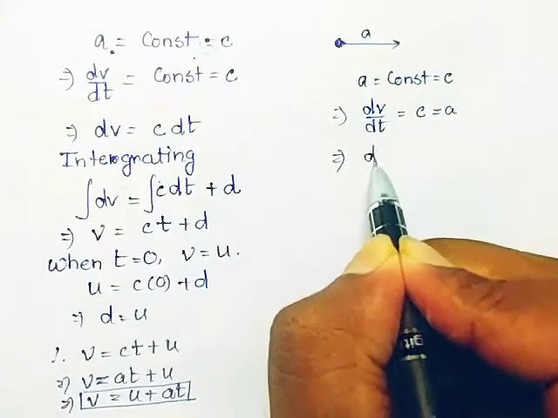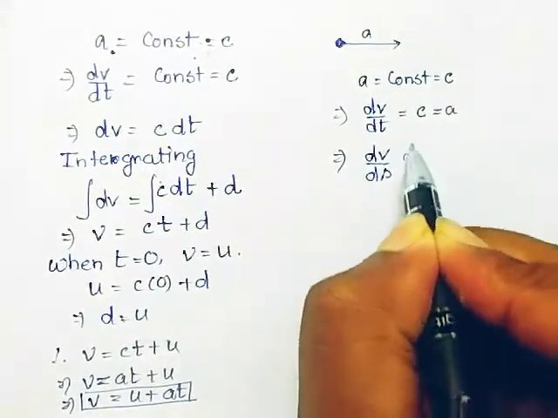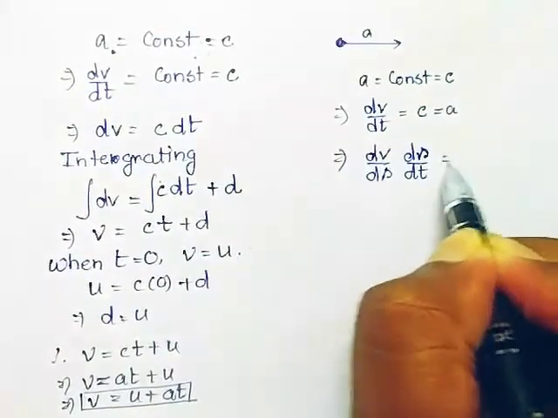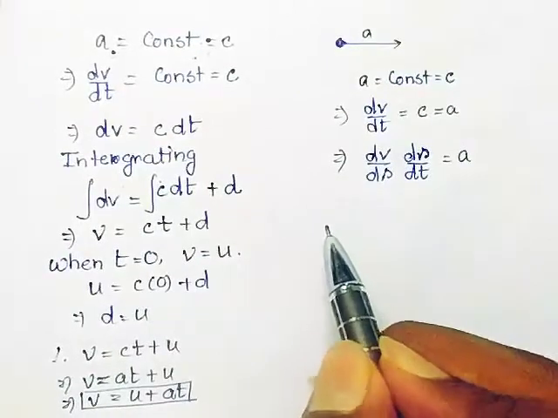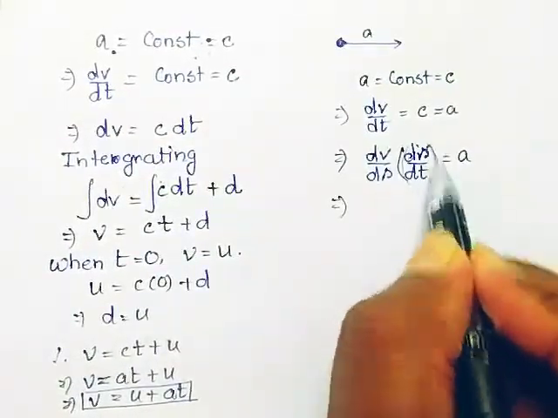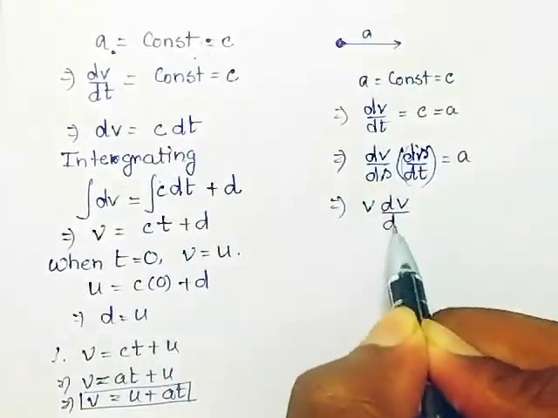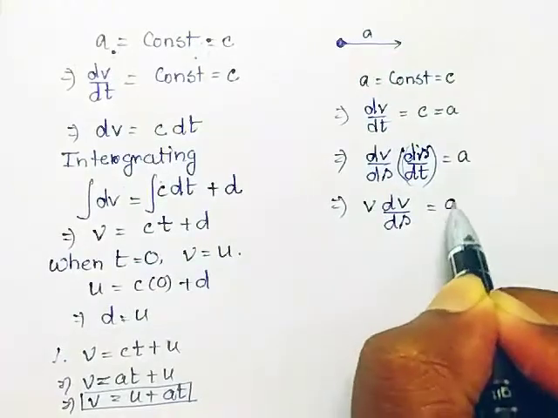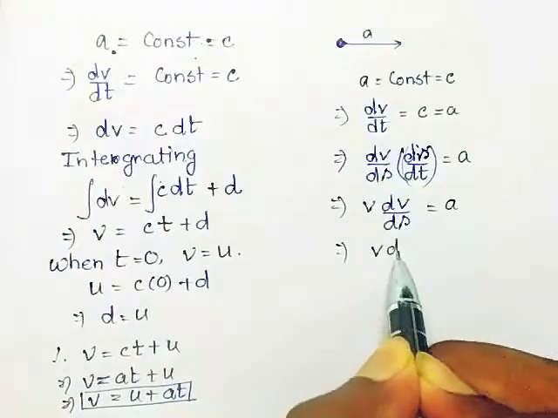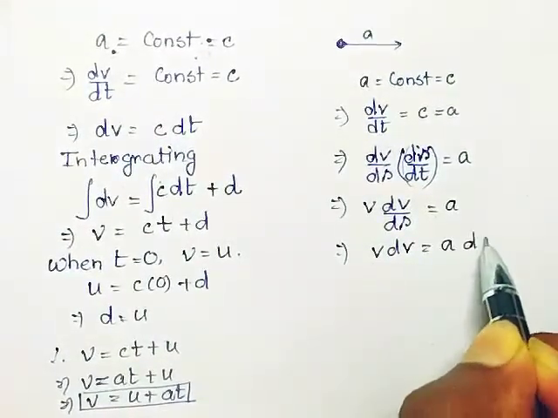So I can just write this as dv by ds into ds by dt, applying the chain rule of differentiation. So ds by dt is basically nothing but the velocity, so it becomes v dv by ds equal to a. If I take ds on the right hand side, it will become v dv equal to a ds.